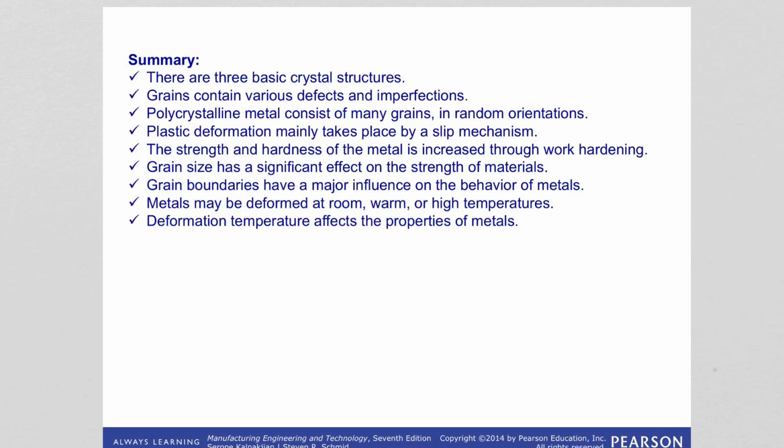And the metals, depending on manufacturing parameters that are selected, can be deformed at room, warm or higher temperatures. And of course, deformation temperatures will affect overall properties of the metals, right? If you work on cold temperatures, cold working, it will increase the strength, for example.